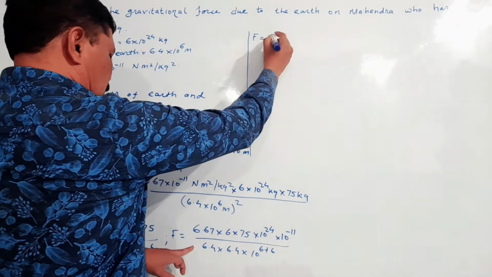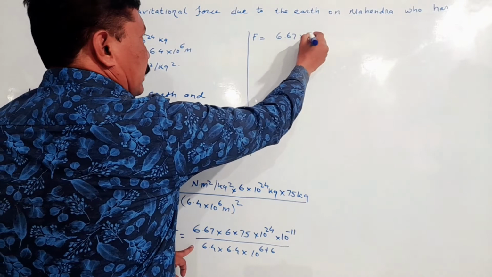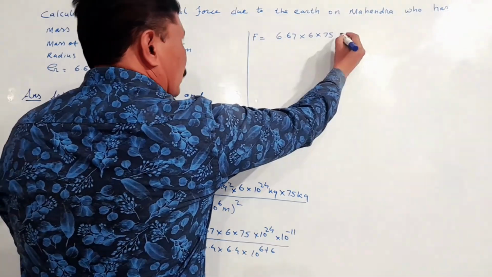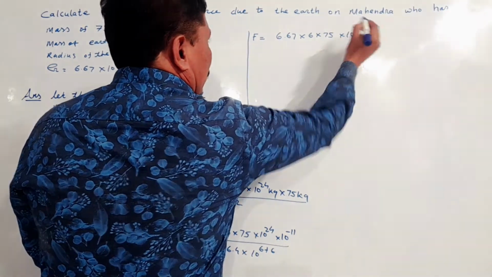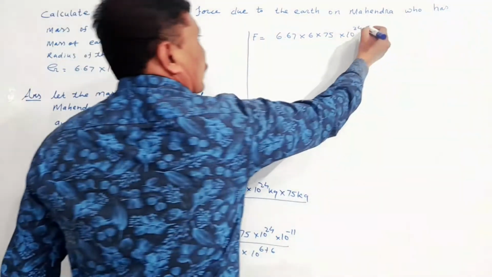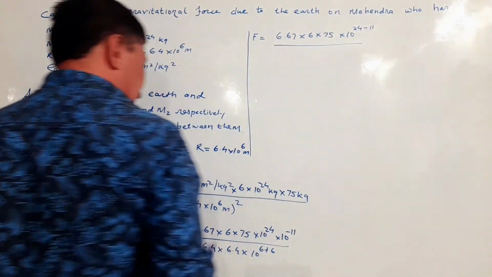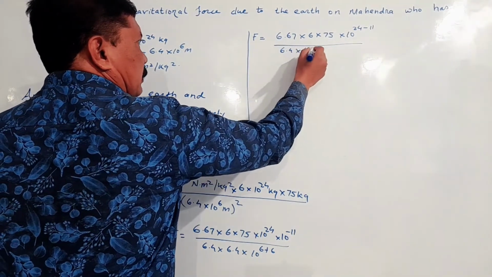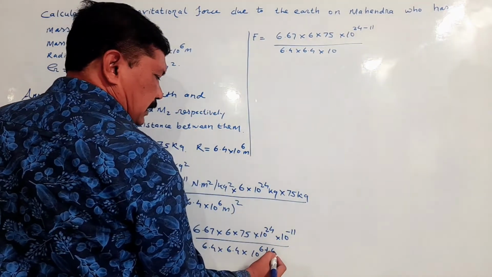F is equal to 6.67 into 6 into 75 into 10 to the power 24 minus 11, divided by 6.4 into 6.4 into 10 to the power 6 plus 6, 12.